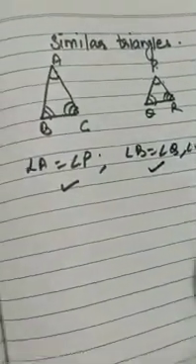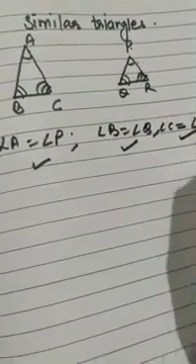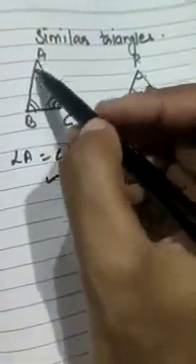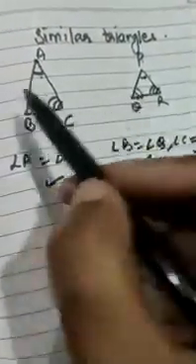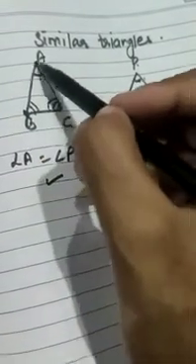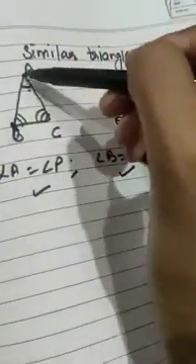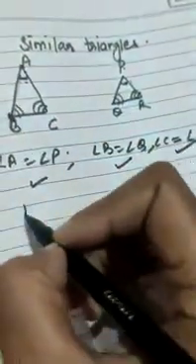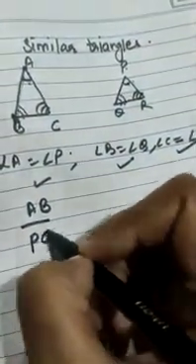If corresponding angles are equal and corresponding sides are in proportion, for corresponding sides we have to take those sides, like A is equal to P, so we take vertex A. B is equal to Q, so we take vertex B. By joining A and B we have AB, and by joining P and Q we have PQ. So AB upon PQ.